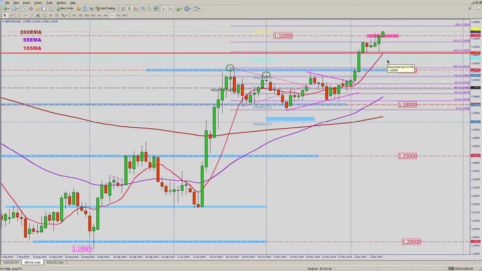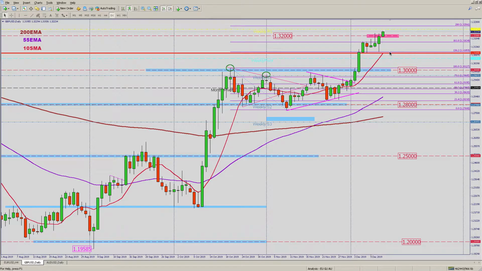So the polls will close at 6 a.m. Singapore time. That's 10 p.m. GMT in the UK, and results could possibly start streaming out by 11 a.m. Singapore time.